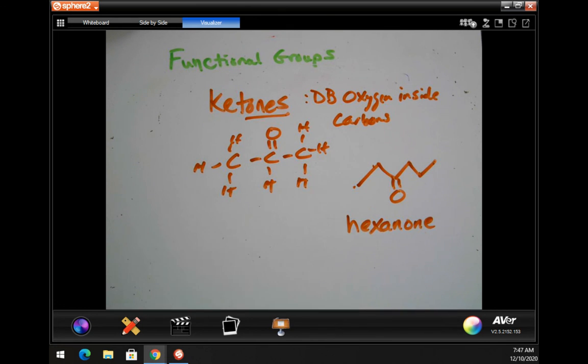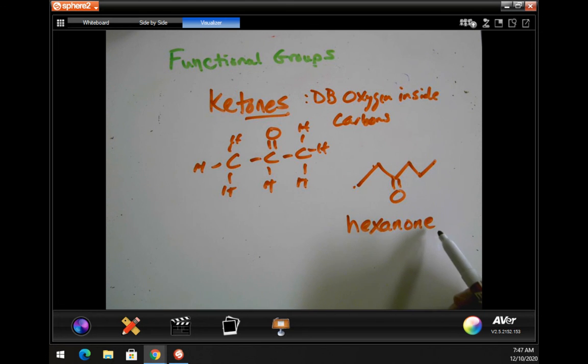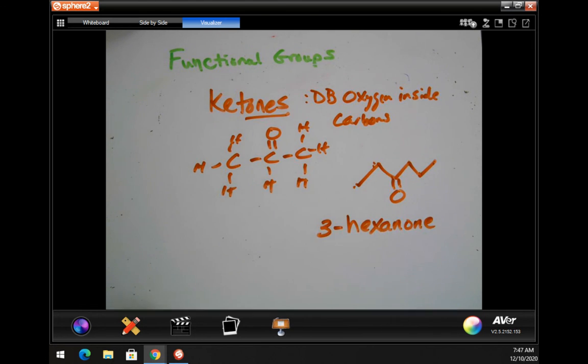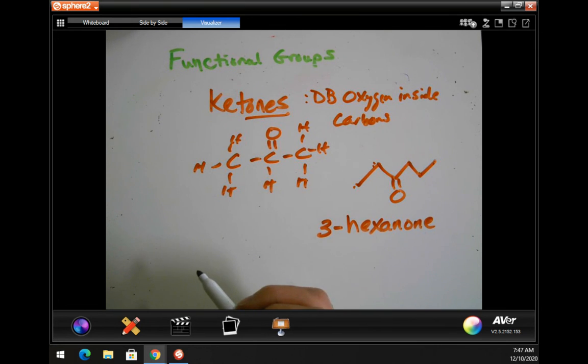So a lot of these, like aldehydes, it's the Al. Alcohol, it's the Ol. Alkyls, Yl. Ketones, O-N-E. And then you just say which one it's on. 1, 2, 3. It's on the third one. For ketones, you always have to use a number because they're inside. If it's on the outside, then it's an aldehyde. That's the way you tell the difference.